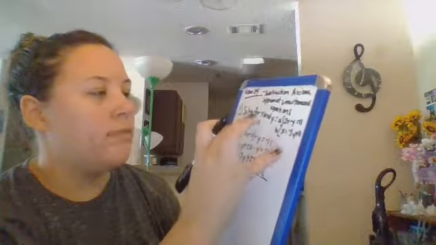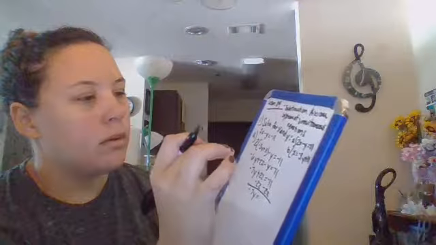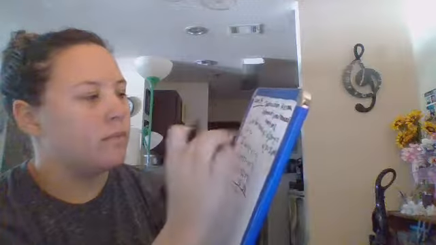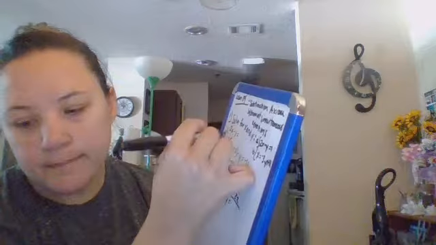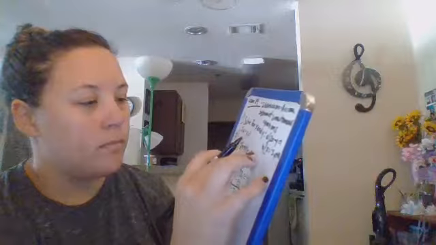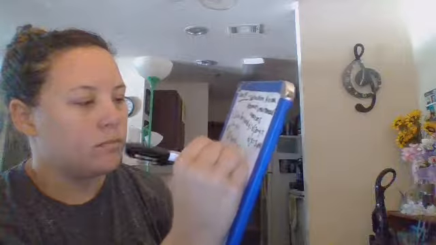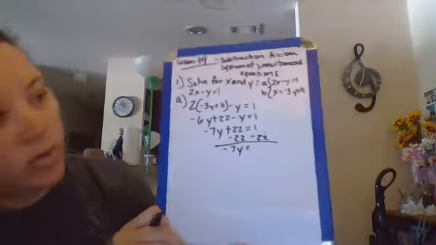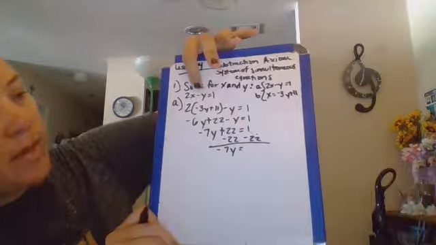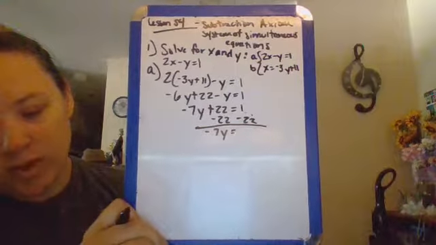Oh, this is 1. I'm sorry. Got my equations completely mixed up. Sorry. So the actual equation is 2x minus y equals 1. That is my equation.